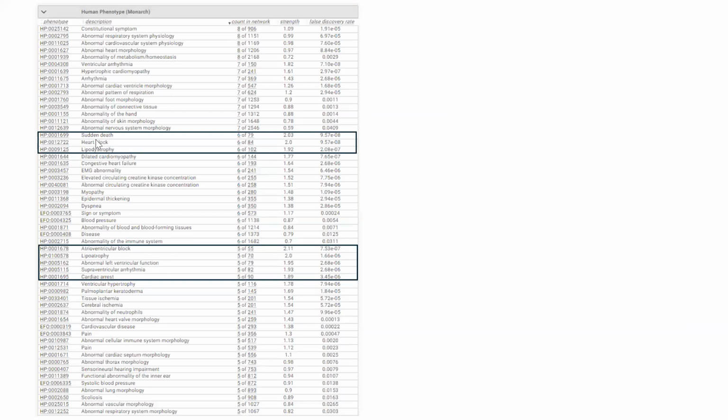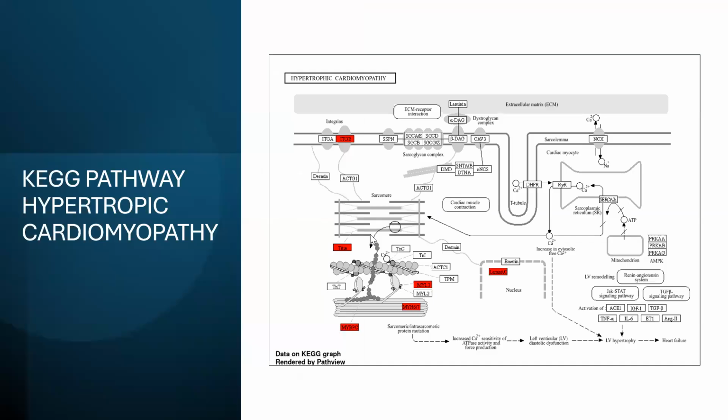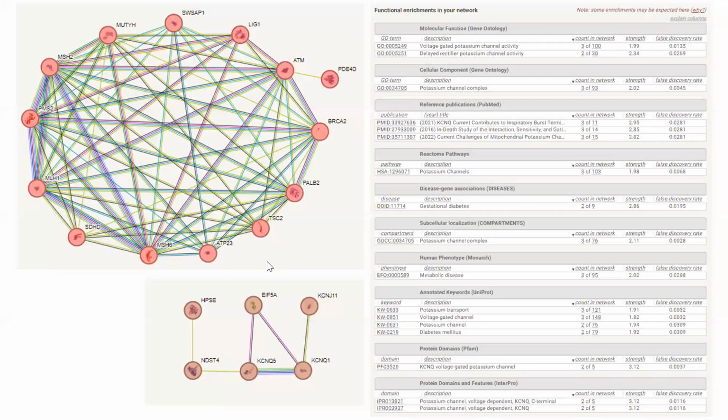We can see that it has a very strong connection to sudden death, heart block, and supraventricular arrhythmia, which might help us later on give a prediction or a risk factor for this information. We can also see in the pathways that these genes are very central or in a very close area together.